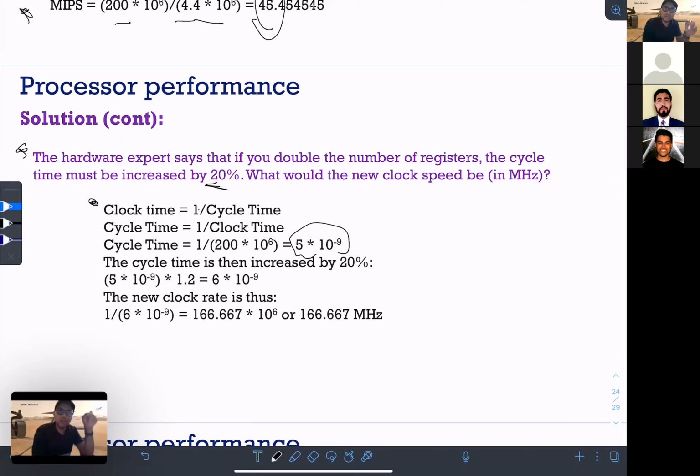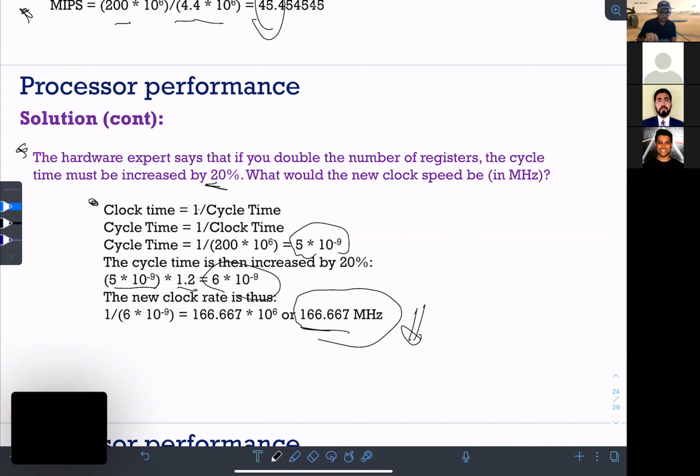Then you add 20% to it, which means you multiply by 1.2. Flip it, so you can read it in frequency, and it comes back to 166 megahertz. So the price of doubling the GPR is lowering the frequency from 200 megahertz to 166.6667. Correct? Okay.